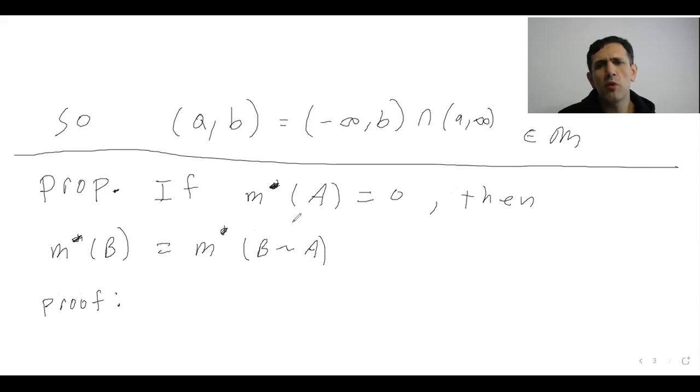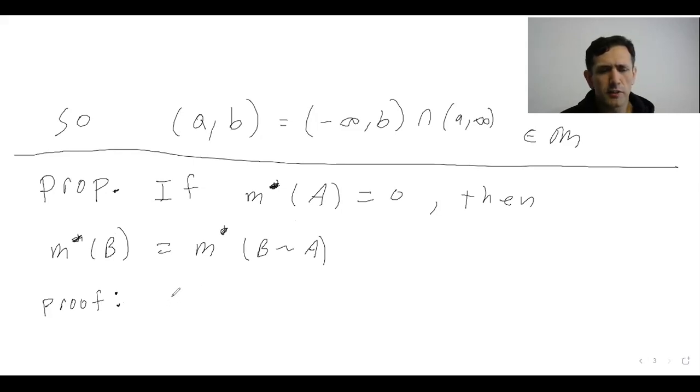If I'm removing a set that really has no size, then that should not affect the size of B. And that's exactly what I'm saying here. The proof I could give for homework, but there's so much homework I could give, so I might as well do it as a very simple exercise in playing around with outer measure.